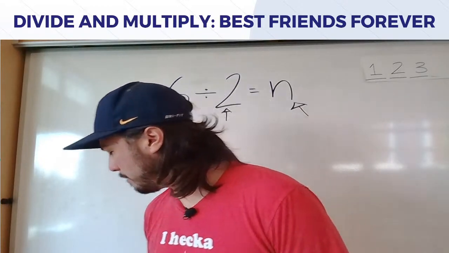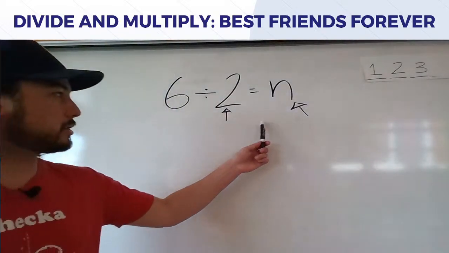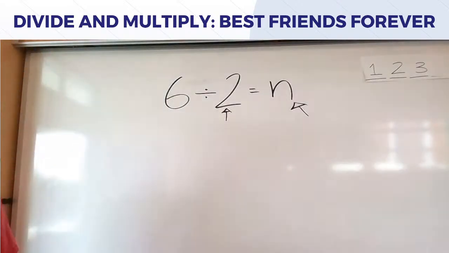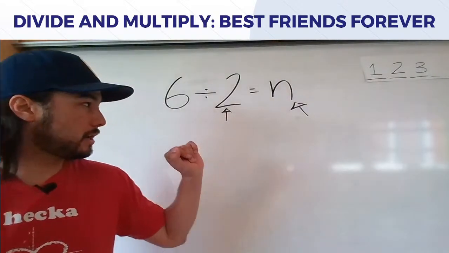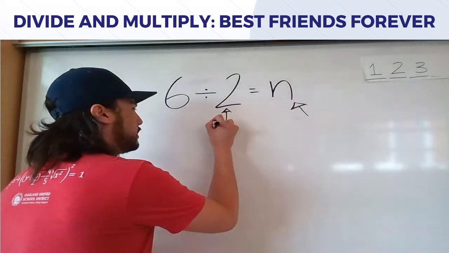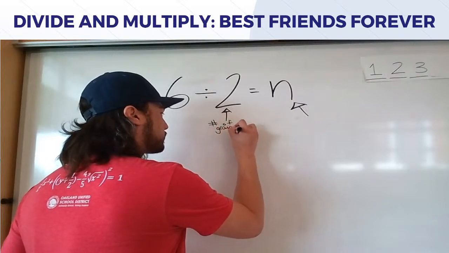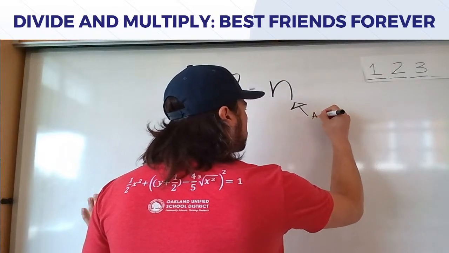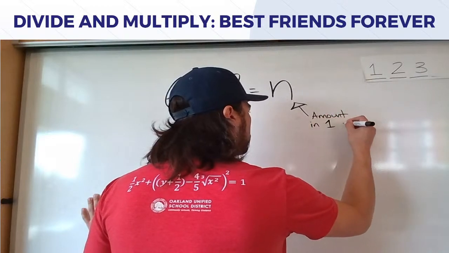All right? So let's start with dividing by whole numbers. 6 divided by 2 equals n. We're starting small here. So we have our 6 things, and we're dividing them into 2 groups, the number of groups, and then our n here is the amount in one group.